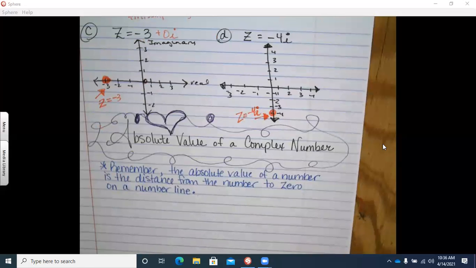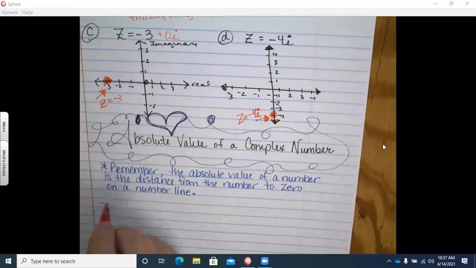All right, well, we're going to be talking about the absolute value of a complex number, okay? So that's a plus bi. Like, how are we going to find that?